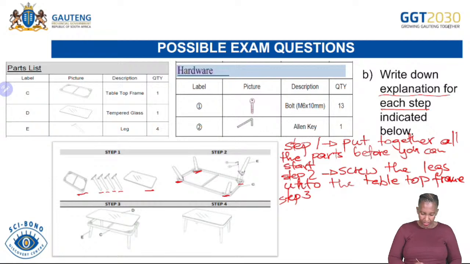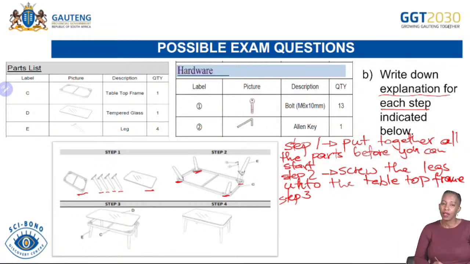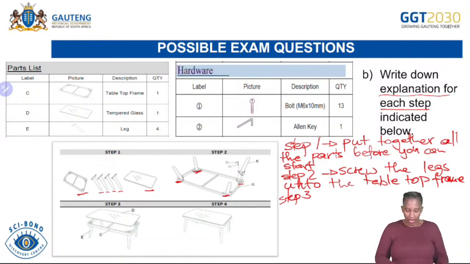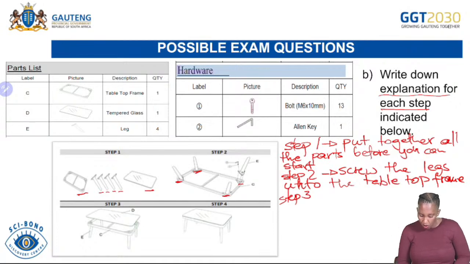Step number 3, boys and girls, what do we do now? We make sure that the table, let me call it the structure now, because it's no longer loose pieces. We have put together a structure. In our structure now, we have the table with the 4 legs and the tabletop frame put together.